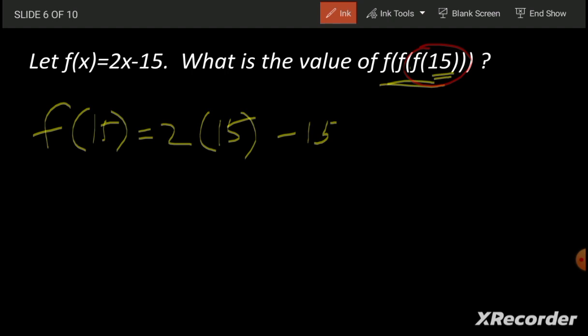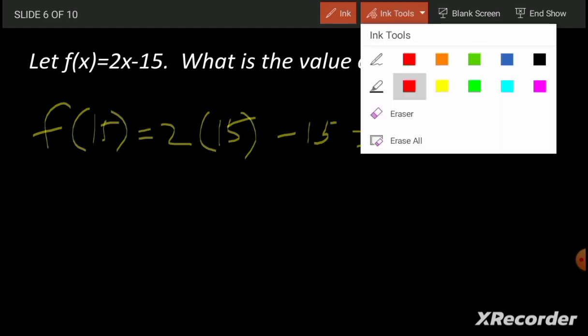So this is 30. 2 times 15 is 30 minus 15. So that's still 15. So the value of f of 15 is 15.